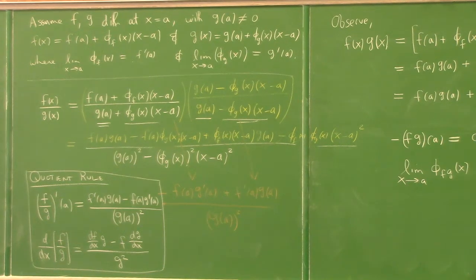So let me give you an example. Example 4, I suppose. If we have d dx of tangent, that's something we couldn't differentiate before, right? But now we can. So we're looking at d dx of sine x over cosine x.